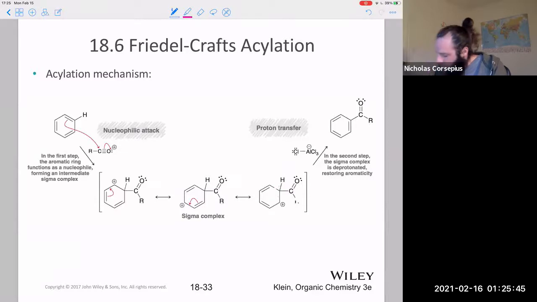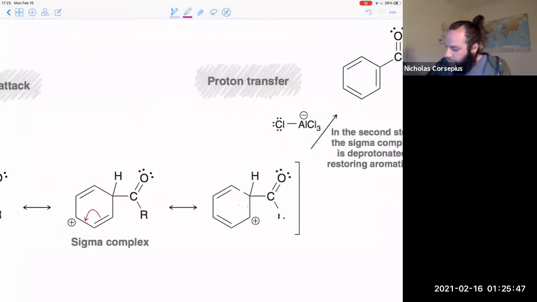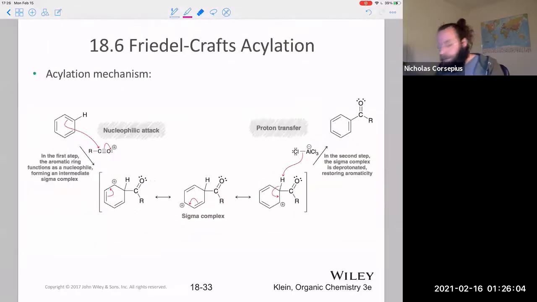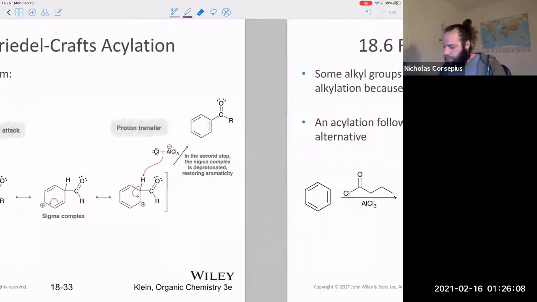All right, and then in the last step, we again have this basic species that's going to come along and grab that hydrogen, reforming not only our aluminum trichloride Lewis acid, not really a standard acid, but catalyst, and then we can reform our aromatic pi bond.